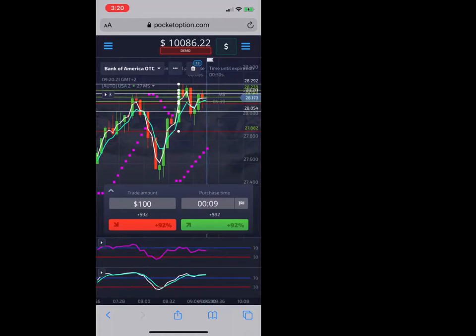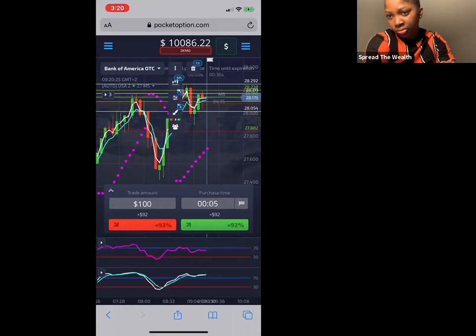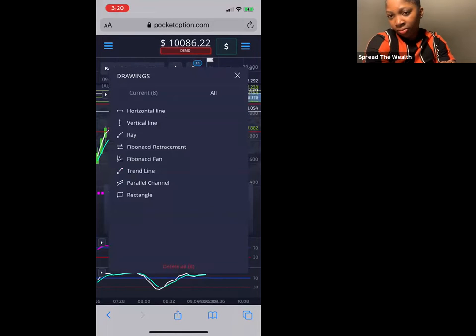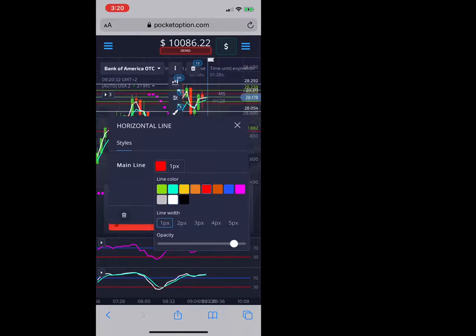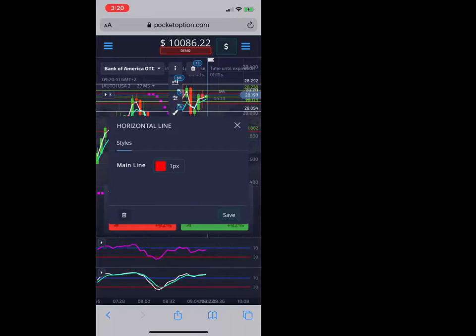So if you look at my white line too, I think it's this line. I can really change that to red because it's double parabolic there on that time frame. So that's a key zone.